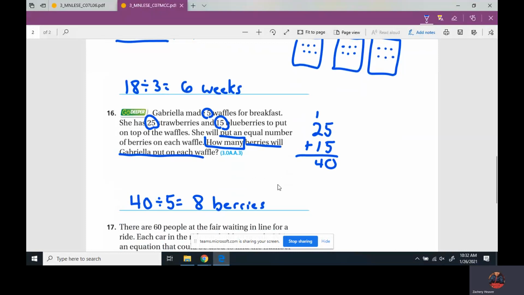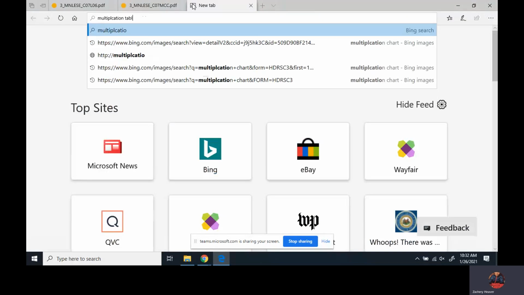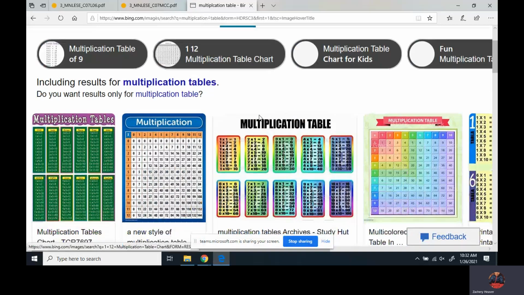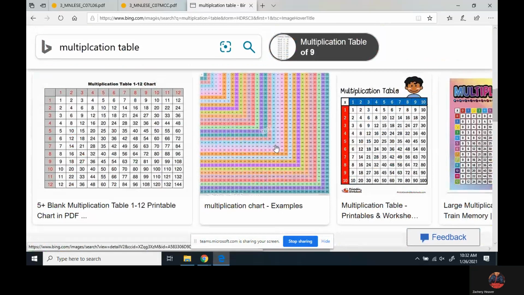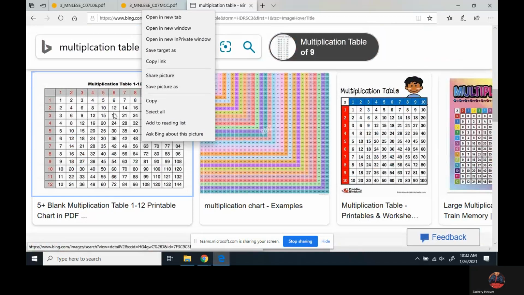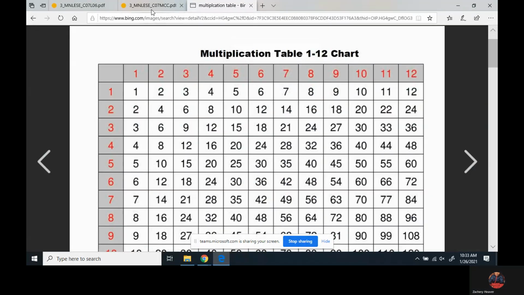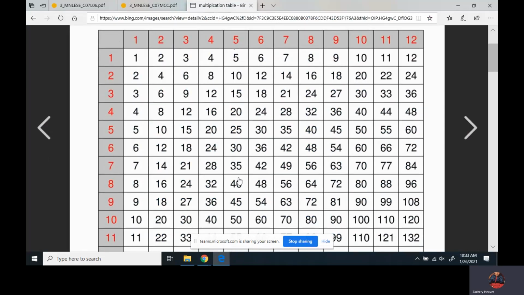Okay, 8 berries. And remember, we have a multiplication table. This is how we've been working it pretty good. I have 5, and we'll go down to 40 and go over. It would give us our answer.